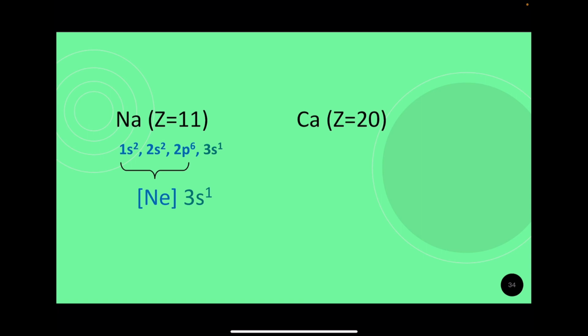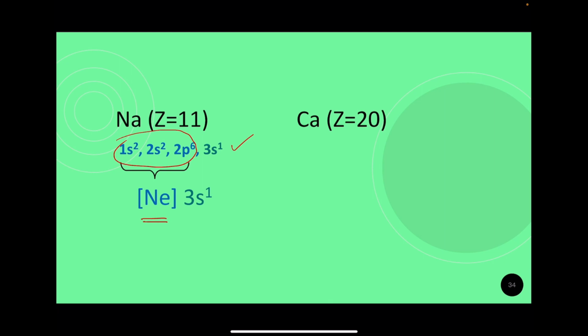So you can rewrite the electron configuration by using the condensed electron configuration. Since this part is neon, we can change it into neon. So you can either write down the electron configuration using the SPDF notation or using the condensed electron configuration with the noble gas notation.